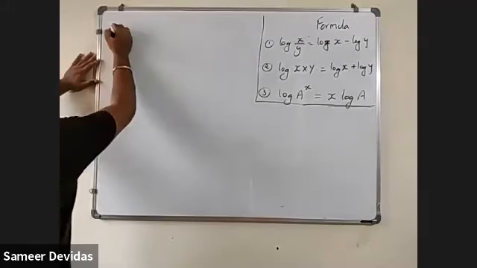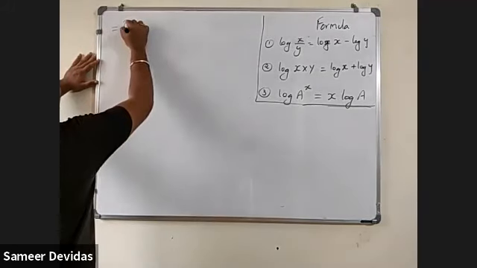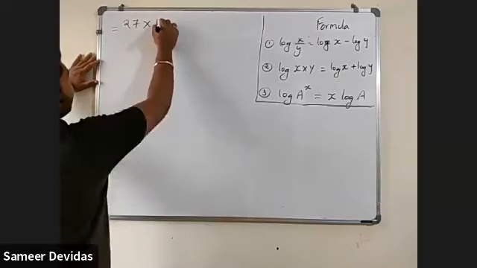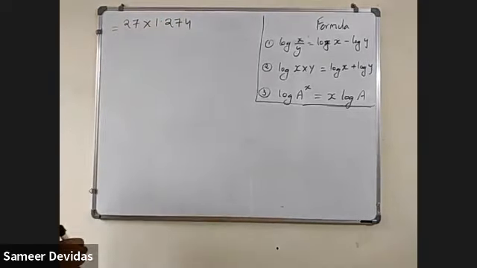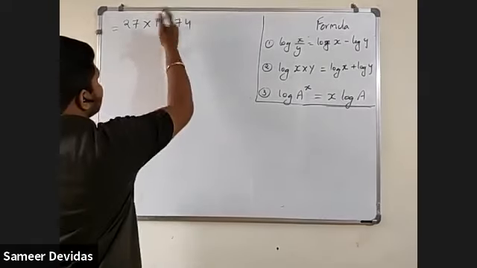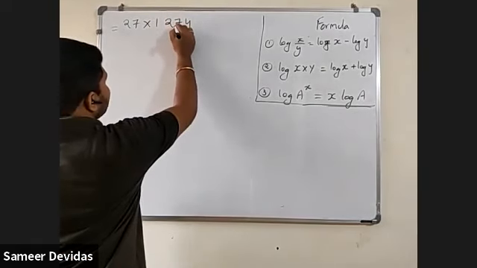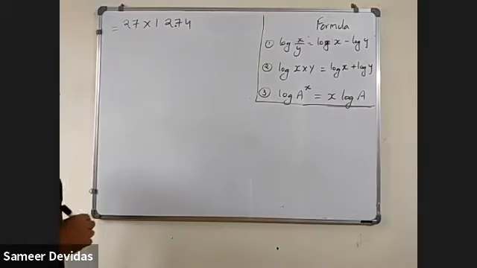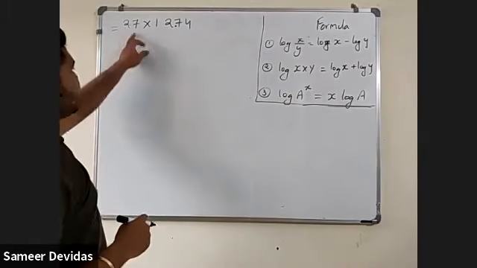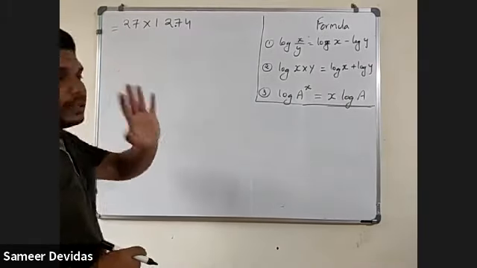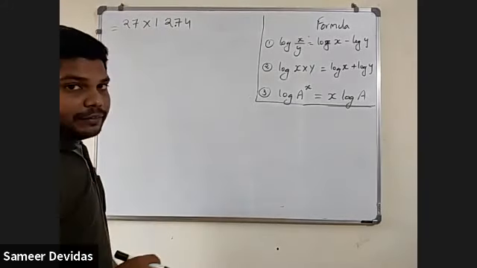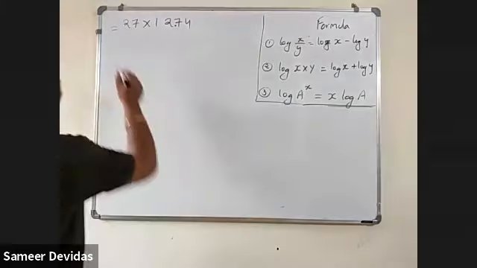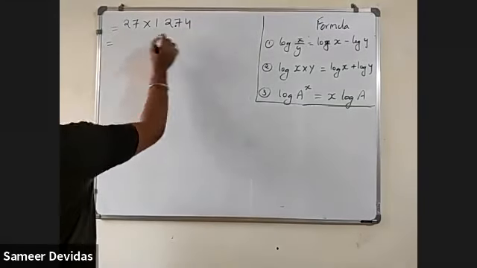In the first case, I'm saying like 27 into 1.274. Or else, to make it more complicated, 27 into 12.74. If you see here, the multiplication is very difficult, so what to do? You need to take the log of it.